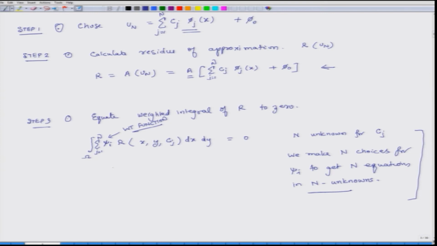I would like to reiterate some things. Our choice of phi_j and phi naught, we have explained it earlier, but here when we are choosing phi_j, it should be such that it satisfies the homogeneous form of all boundary conditions, and we will actually do an example to show what we mean by this.